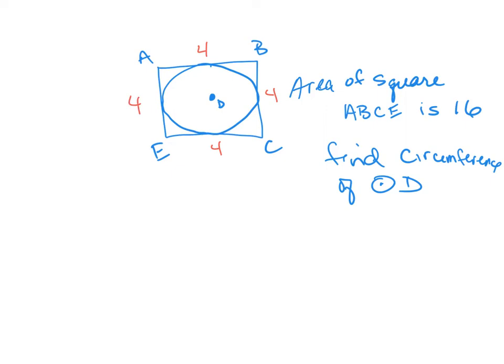Everybody know that about a square? Yeah. So in order for me to find the circumference, I need the diameter of that circle. So if I were to draw a line from here to here, how long would that line be? 4. So the circumference is 4 pi. You just leave it as pi.